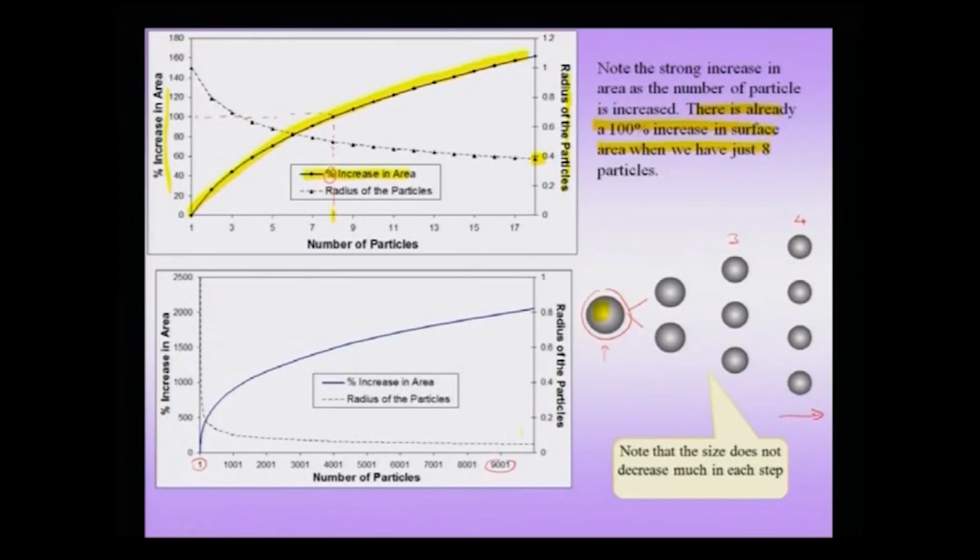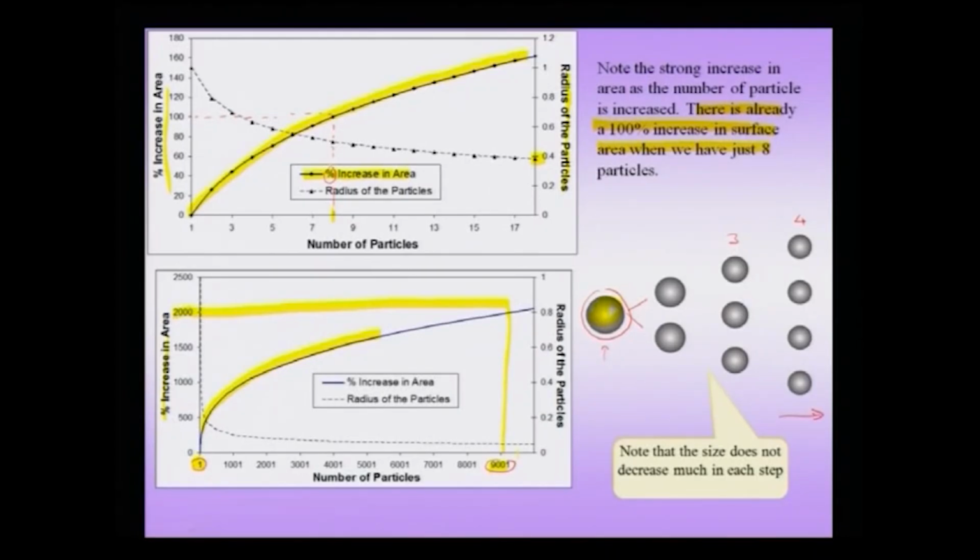So, let us see, if I keep on dividing, carrying on this subdivision of the one single particle into a larger and larger number of particles, what kind of an increase in area can I get, and we will later carry this calculation forward to represent these numbers in a slightly different way. So, suppose I start with one particle and I go to, for instance, a number like 9,000 particles, which is still a small number as compared to what is possible, and you would notice that the curve increases drastically, and by the time I reach a number like that, I can almost get a 2000% increase in the area.